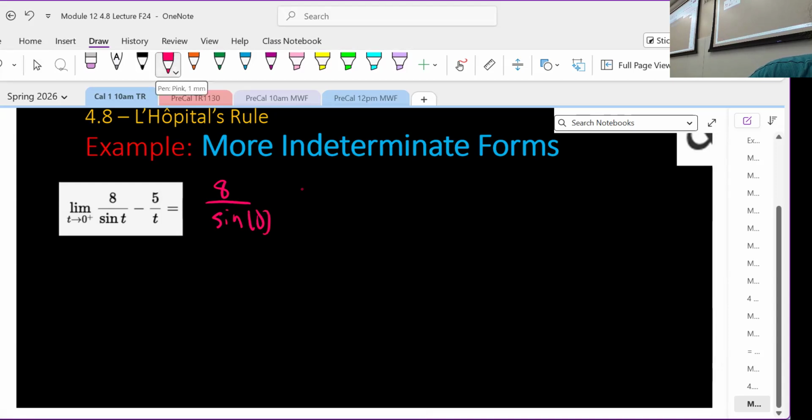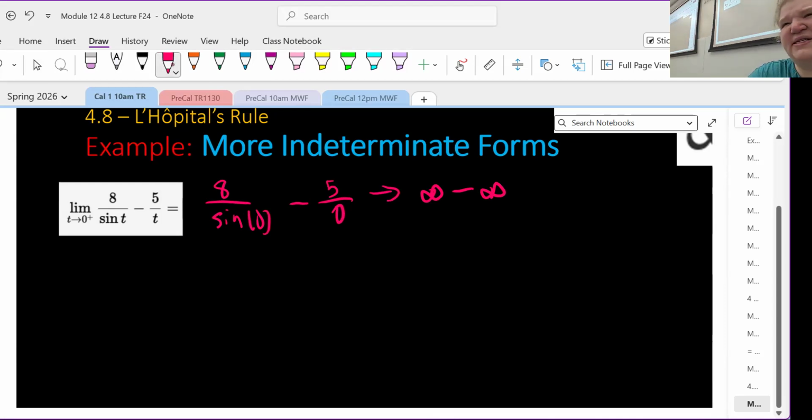So we have 8 over the sine of 0 minus 5 over 0. Sine of 0 is 0, so 8 over 0 is infinity, minus 5 over 0 is infinity.